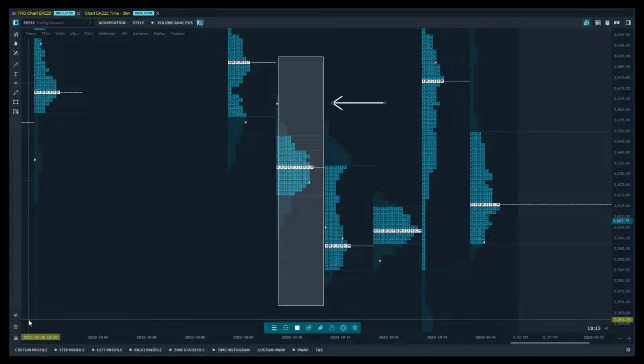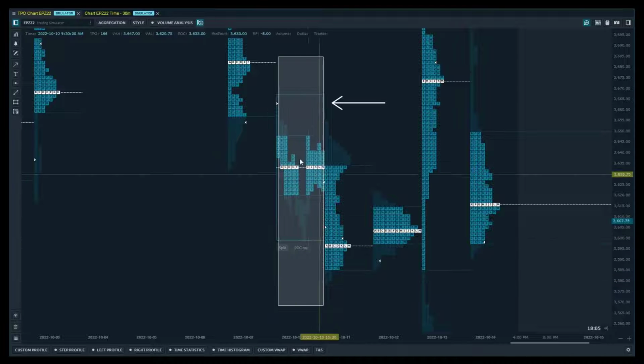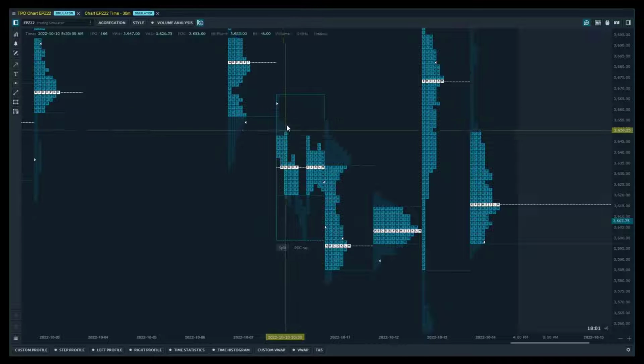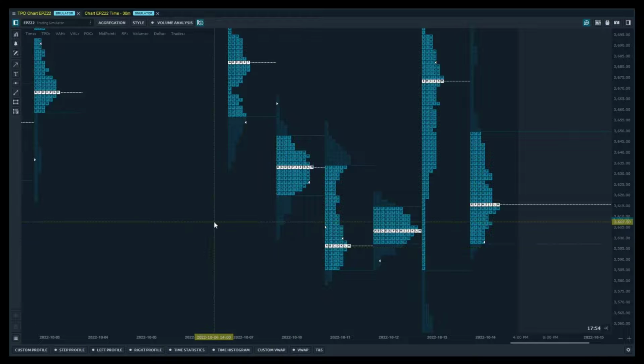But the benefit of the TPO chart is being able to see the data collapsed into a statistical distribution. So if you split the profile up like this, you can really see the similarities between the candlestick charts, but we're just missing the bodies and the wicks of those candles.